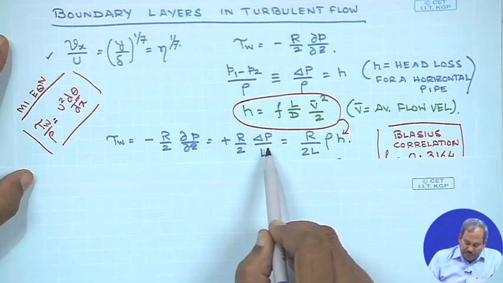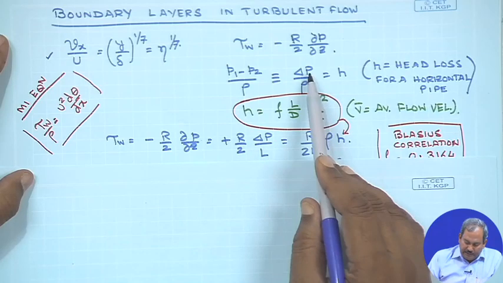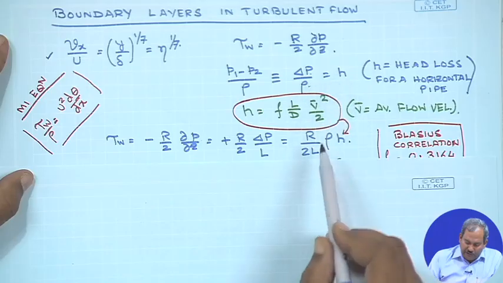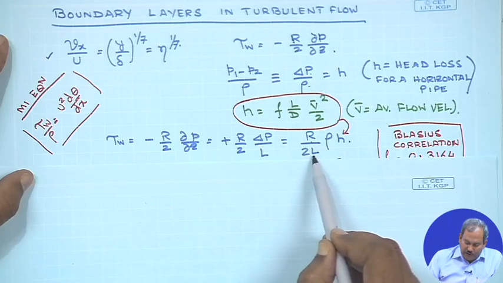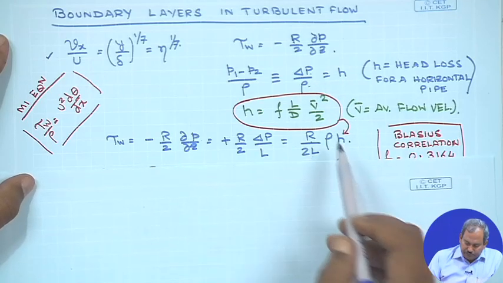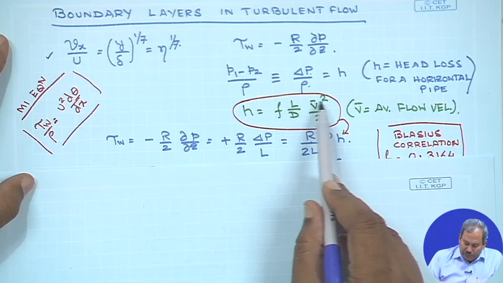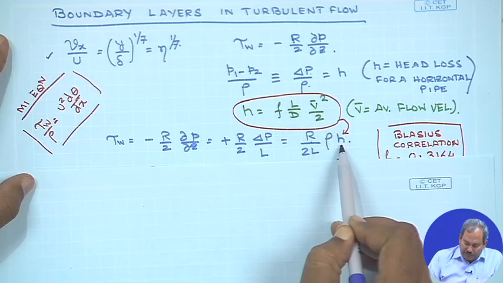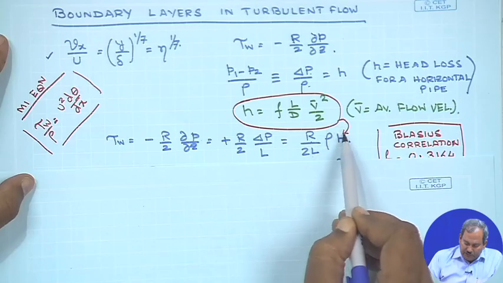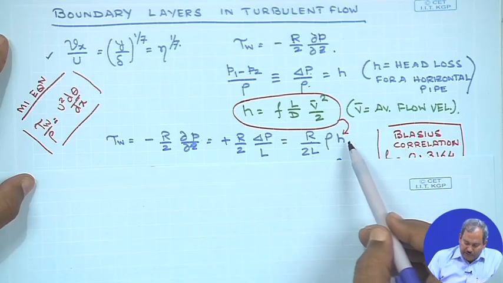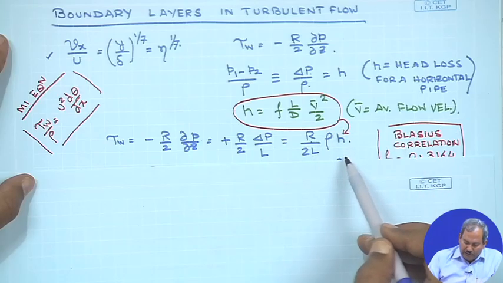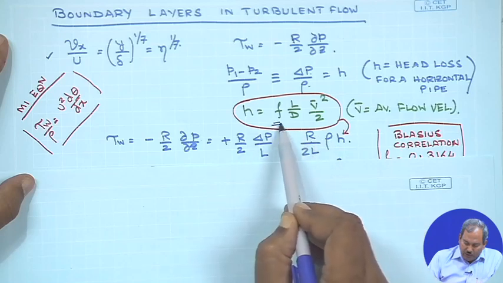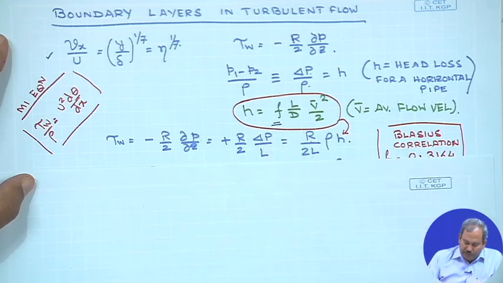So, it is delta P by L, and delta P is simply equal to rho H. So, it is R by 2L times rho H. The expression of H can now be substituted in here. So the only unknown here is what we are going to do about the friction factor.